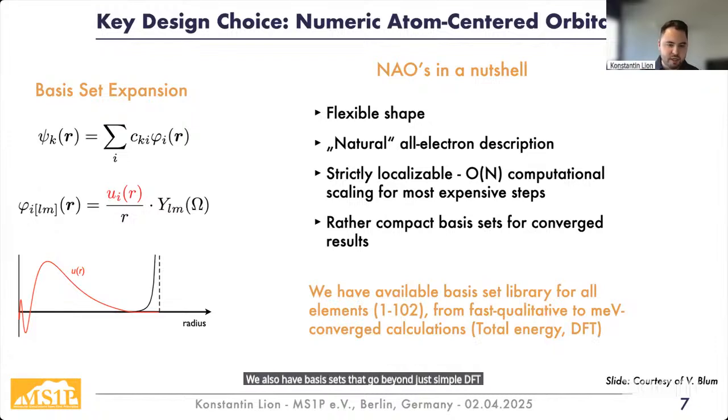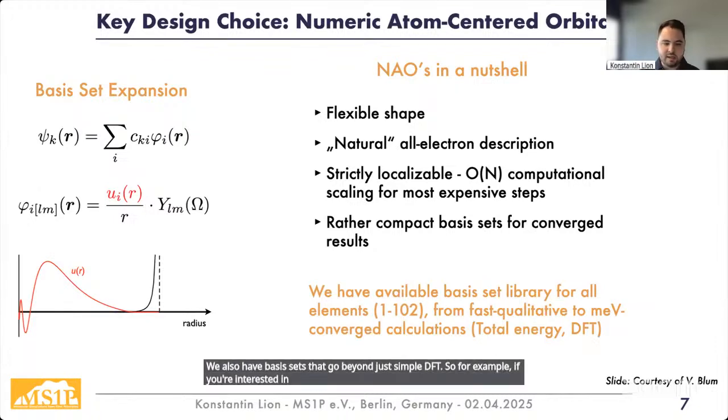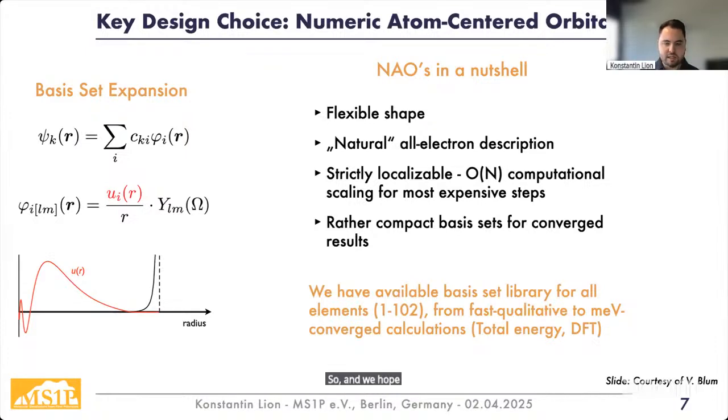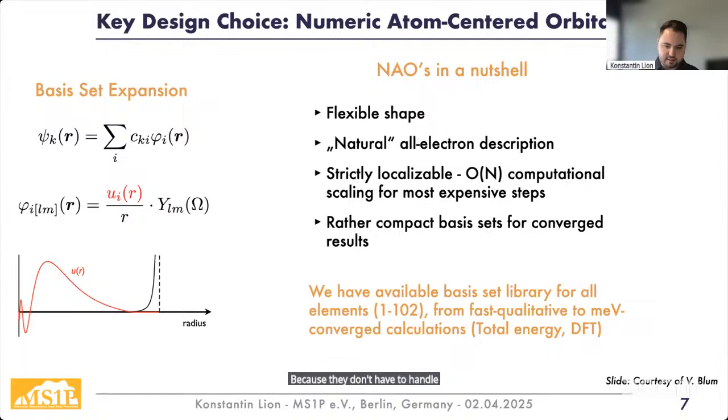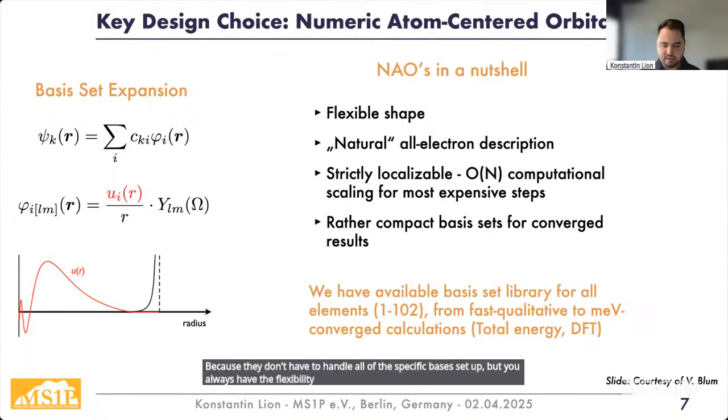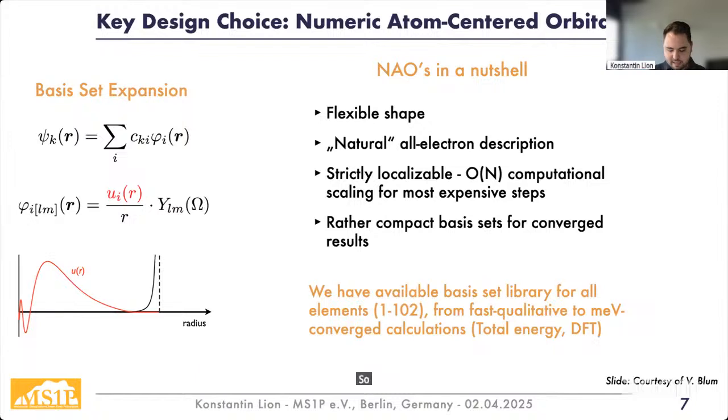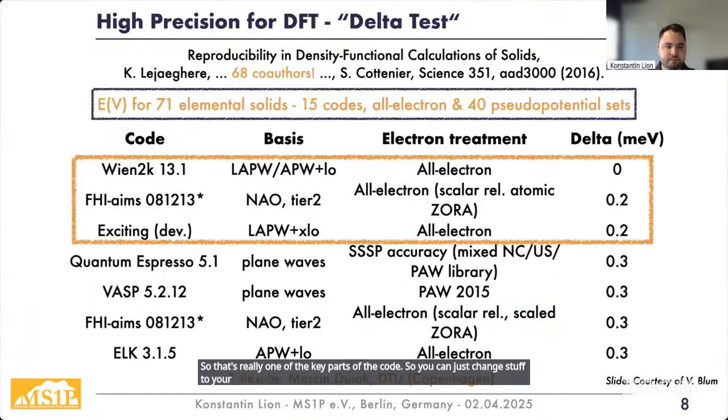For example, if you're interested in GW calculations and so on, we also have specialized basis sets for those kinds of calculations. We think that this makes it easier for new users to start right away, because they don't have to handle all of the specific basis set setup, but you always have the flexibility to change things yourself. That's really one of the key parts of the code. So you can just change stuff to your liking, of course.